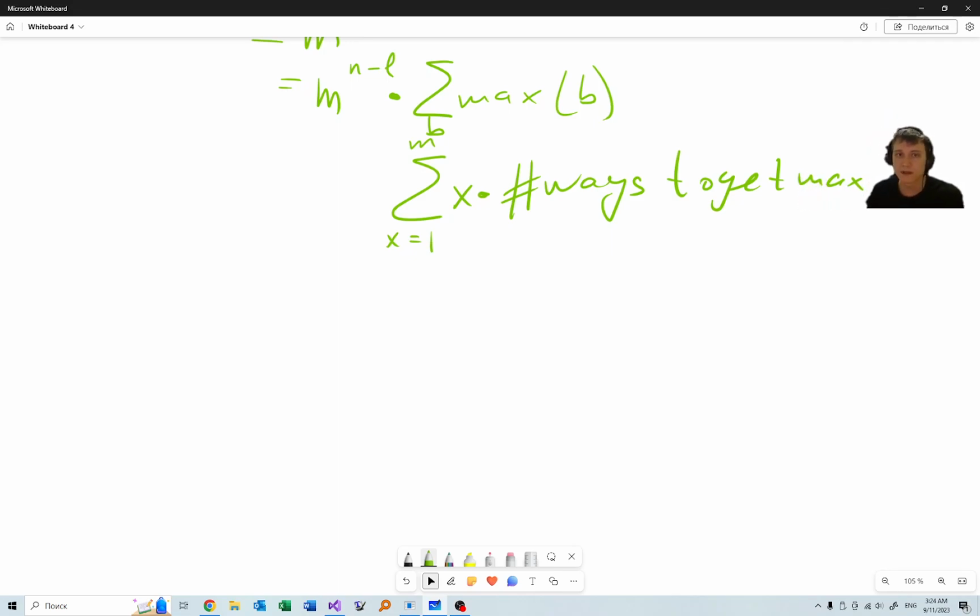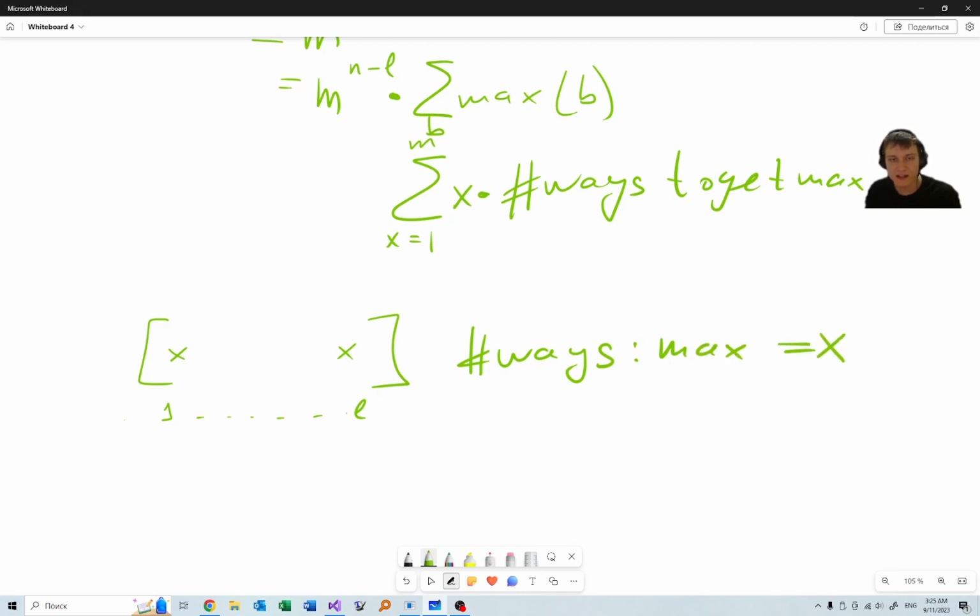What do I mean? Assume that you need to calculate the number of arrays of length L in which the maximum is exactly x. This is kind of a hard problem. Let's simplify it. Let's instead calculate the number of ways in which the maximum is at most x.